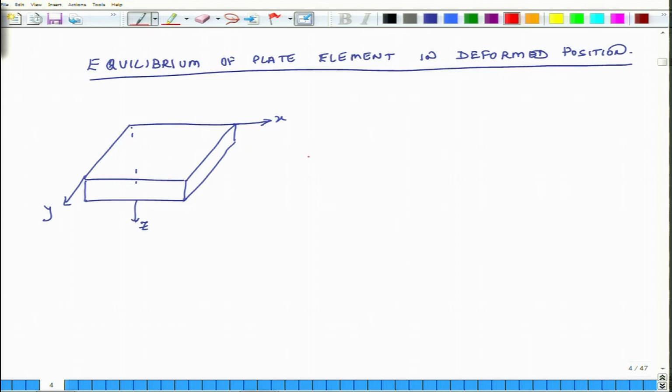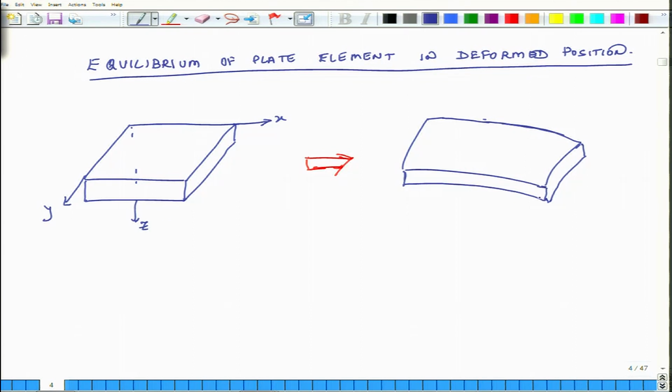And when this plate element deforms, what does it become? It becomes something like this. So, it develops curvatures, right. So, this is the deformed position of the plate.